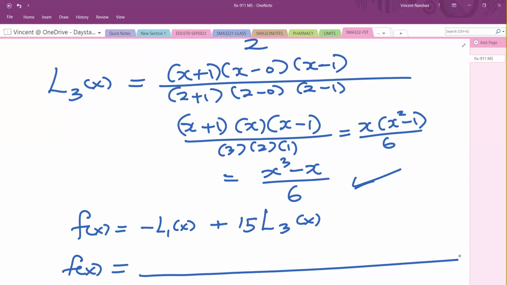What is your f of x after simplification? What is the coefficient of x power 3?